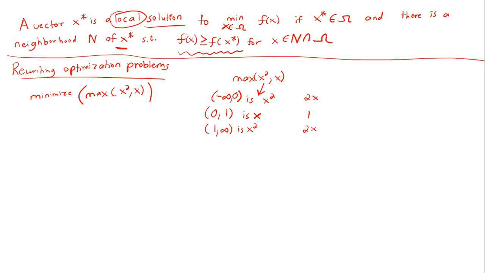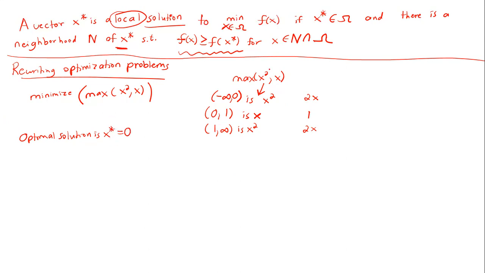So if we did do this, and we said, what's the maximum value of x squared and x, or minimize the maximum value of x squared and x, the optimal solution is x star is equal to 0.